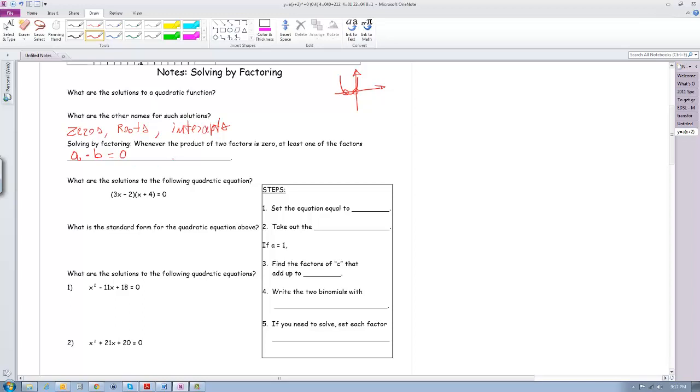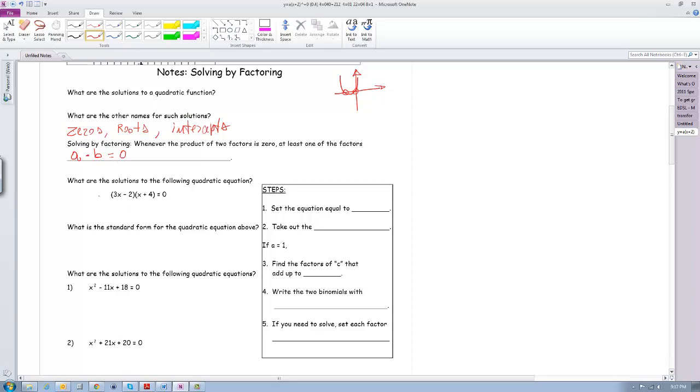Either a or b is 0, or both a and b are 0. This is the only case when a times b can be equal to 0: only when a or b are 0, or both of them are 0 at the same time.